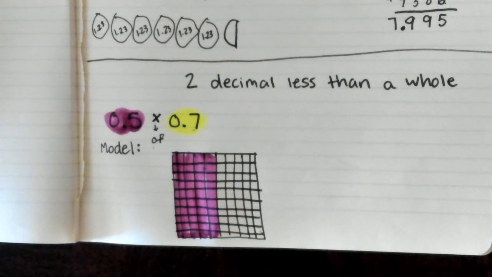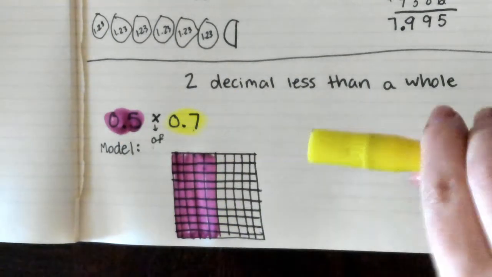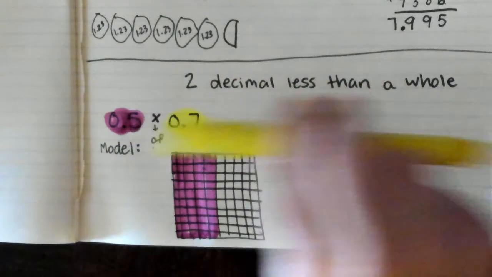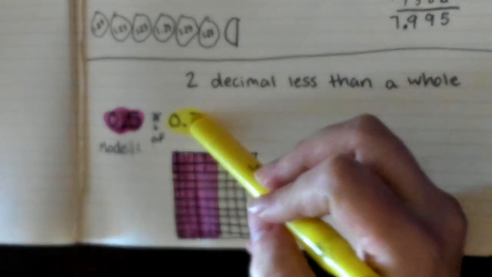And now your 7/10, you're not going to go vertical. Now that you've already gone vertical with one of the numbers, you're going to go horizontal with the other number. So if I wanted to color in 7/10 of this grid, wait for it to focus, come back to me. Come on. Oh, good Lord, come on.